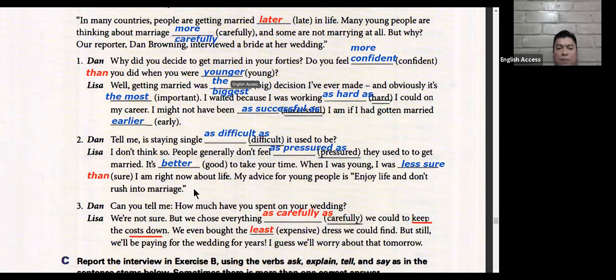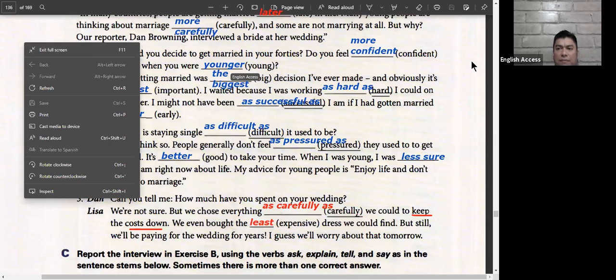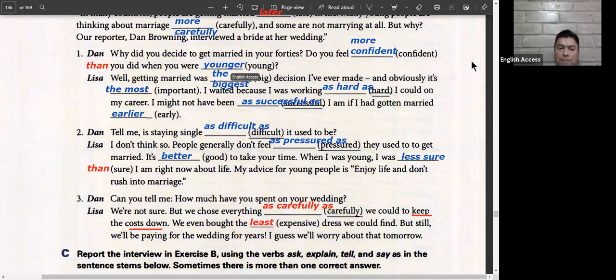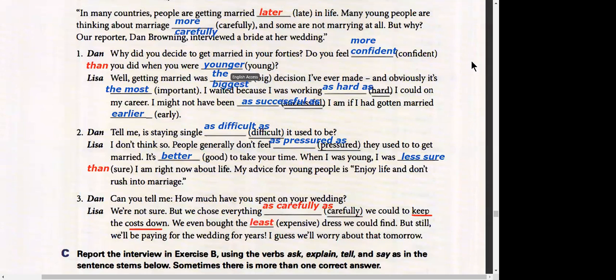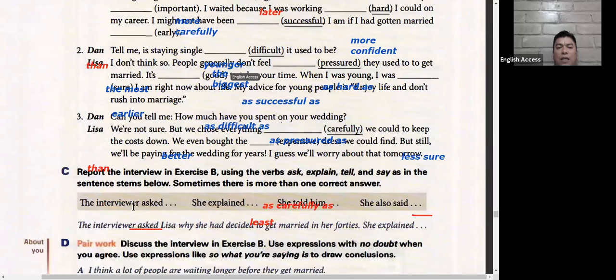All right. Diana, can you please read the instructions on the bottom, please? Exercise C. Report the interview in exercise B using the verbs ask, explain, tell, and say as in the sentences below. Sometimes there is more than one correct answer. So the interviewer asked, she explained, she told me, she also said.